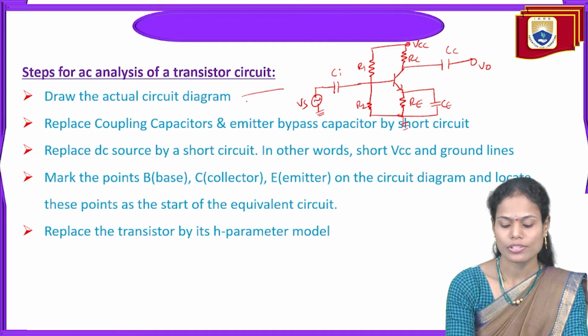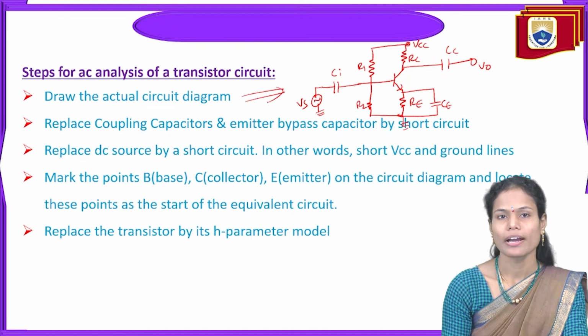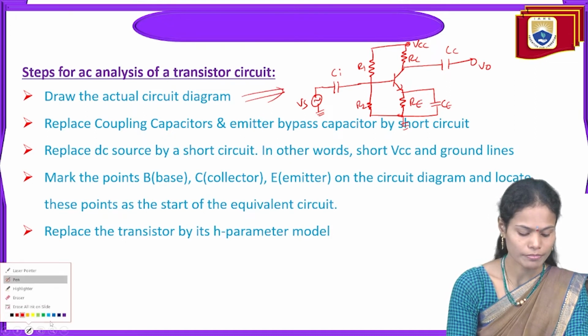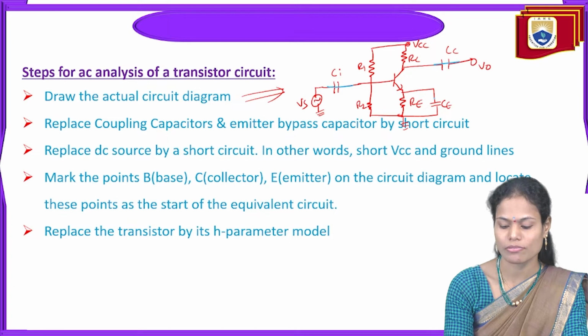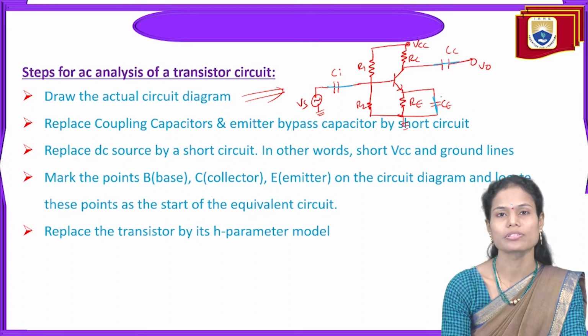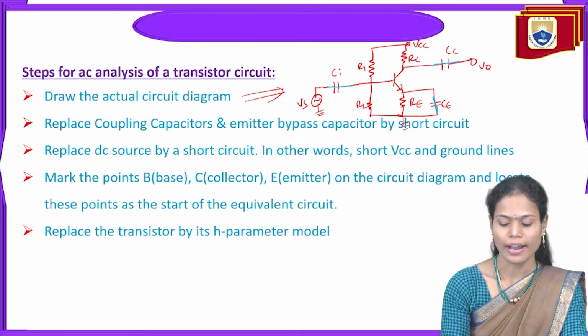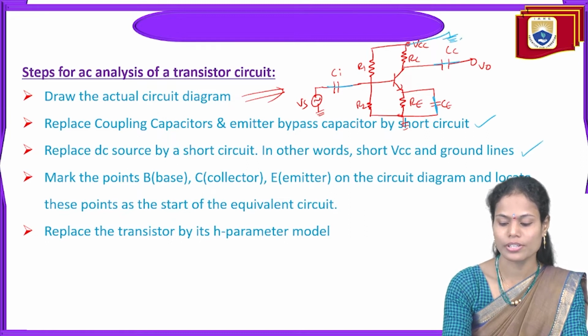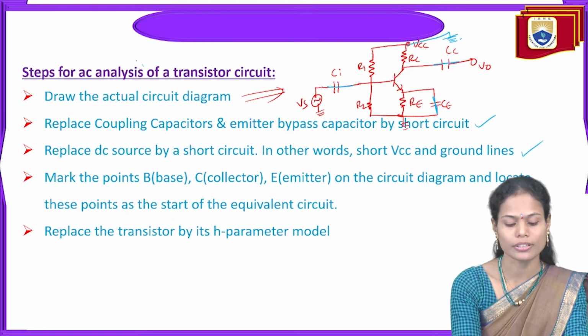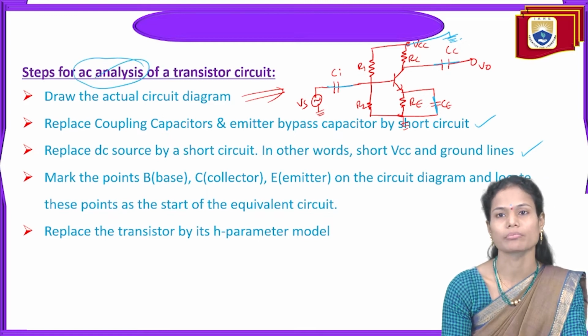So this is the actual circuit diagram I am taking here, and for this circuit we have to short all the coupling capacitors as well as bypass capacitors. We have to short circuit them here, and next we have to ground this DC source. Why? Because we are going for the AC analysis now.